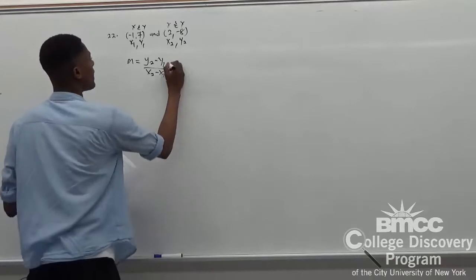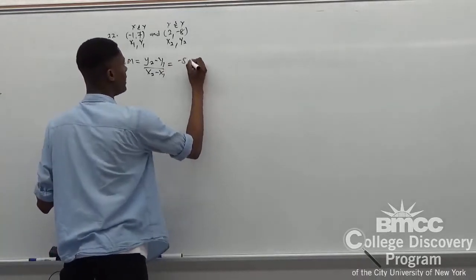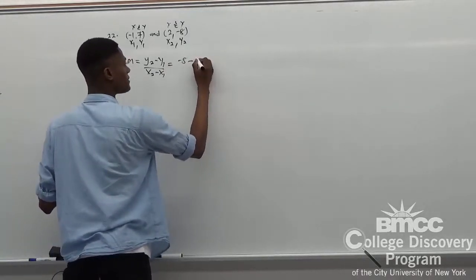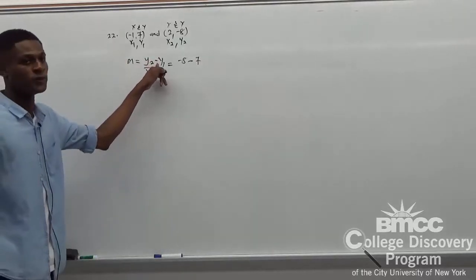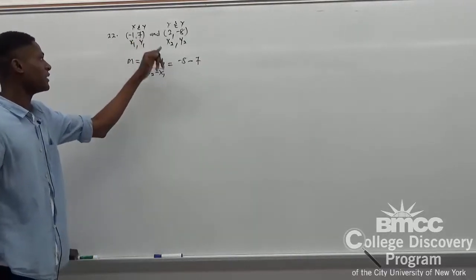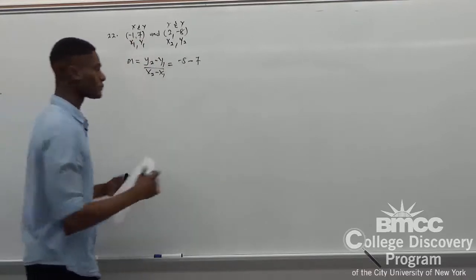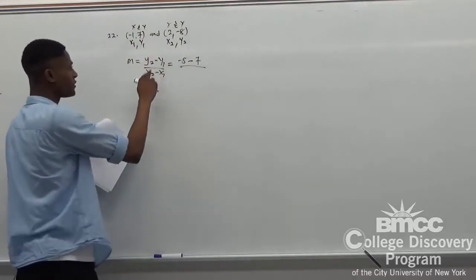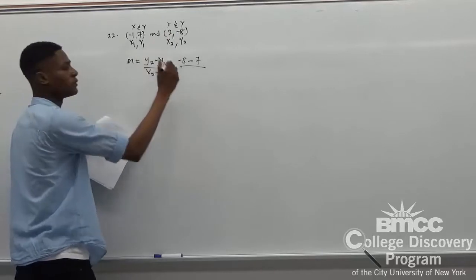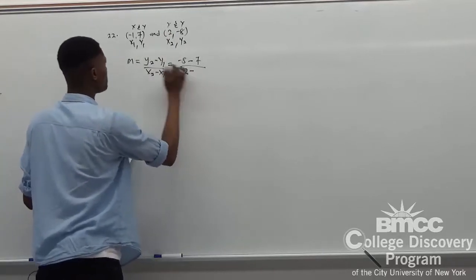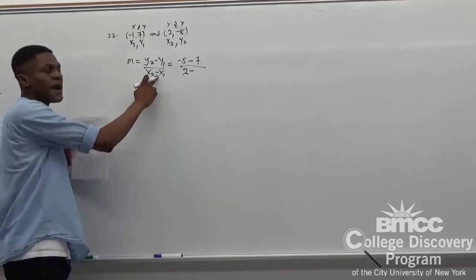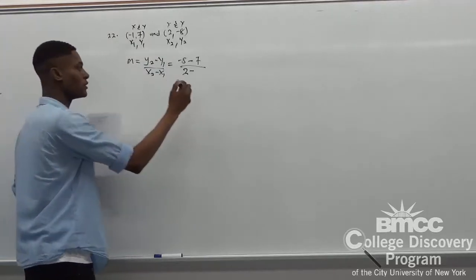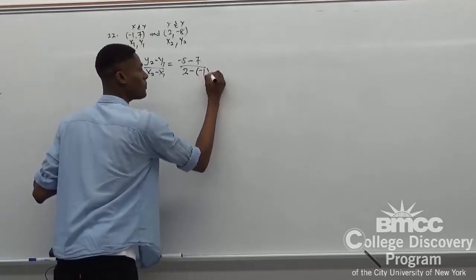Therefore, I'm gonna write it as -8 minus 7 because of the minus sign in the slope formula. So now the negative affects my 7, over x2, that is 2, minus -1. So now we have -1 and a minus in the slope formula, which goes negative minus 1.